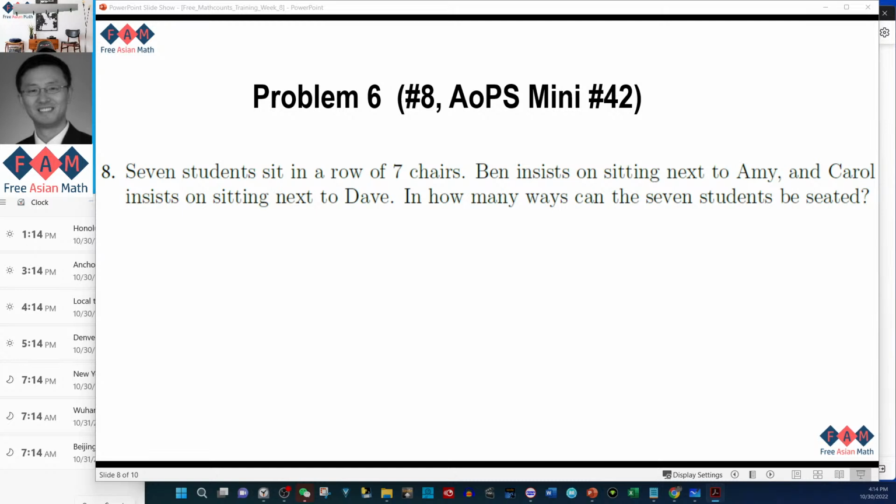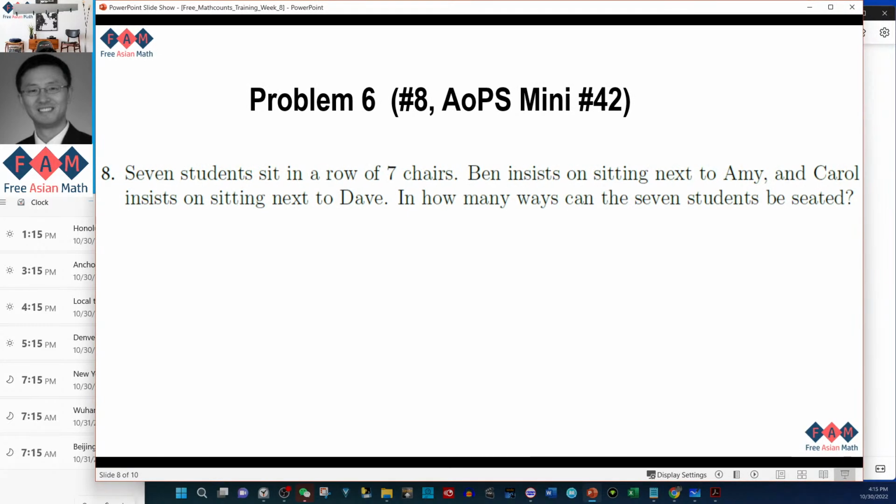Well, this sounds familiar to a problem that we solved earlier, right? That is the concept of blocking. But you have to remember, once you do that, you have to count the ways the 2 persons in the group can permute.